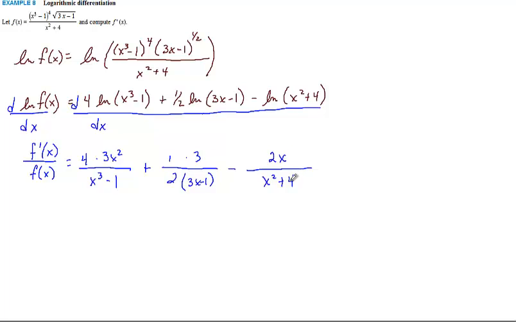So now I'm going to multiply both sides by f of x, because I like to know what f prime of x is.